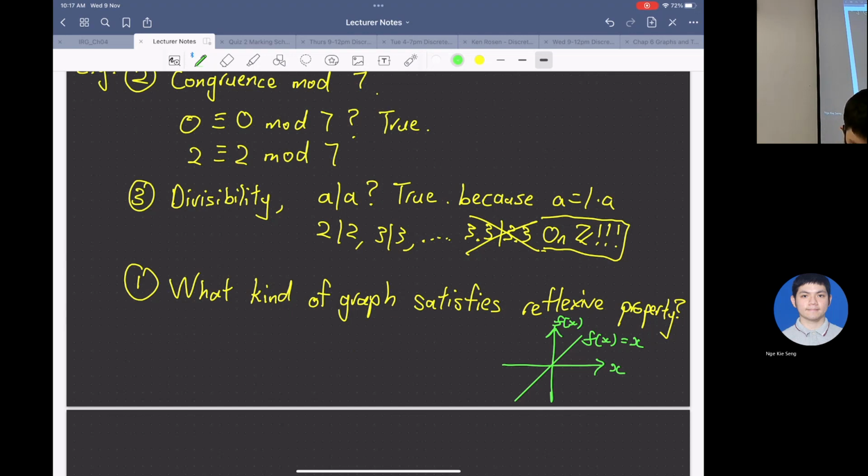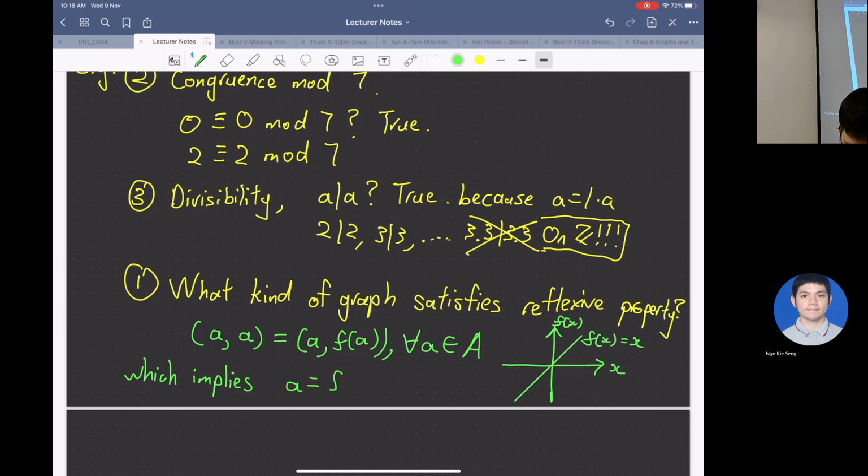Because you want (a, a) to be in your relation. That means a has to equal f(a) for all a in your domain A, which implies f(x) equals x. But there's only one function that satisfies this reflexive property.